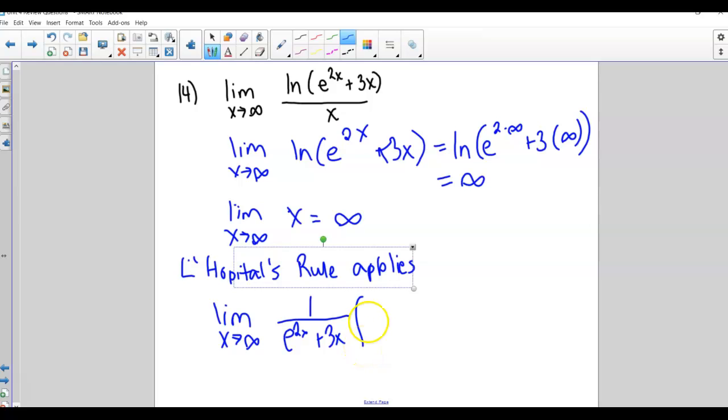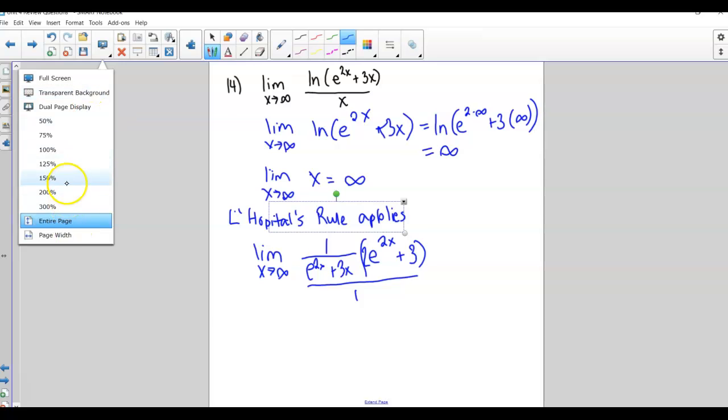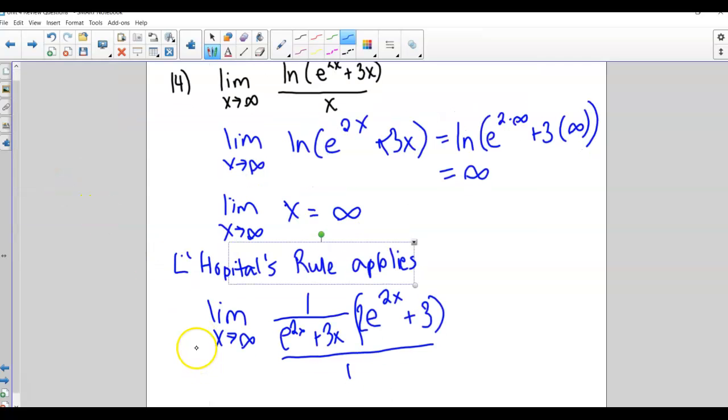So that is going to be e to the 2x times the derivative of 2x, which is 2, plus 3. And then this is all going to be over the derivative of just the x, which is 1. So we could go without writing that.